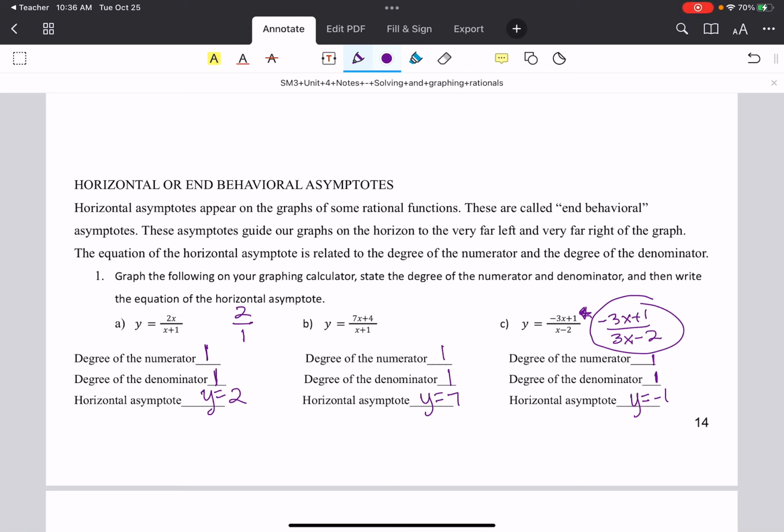The leading coefficient. So take the leading coefficients. This one was 7/1. -3/3 gives you. So do you see that? Yay!